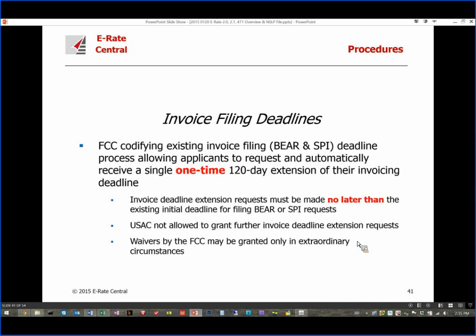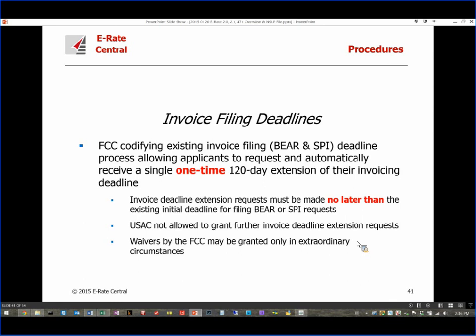One thing that you should be aware of, which for most people has already played out, there's been a change made to the way invoice filing deadlines are done. Basically, the cliff notes are that you need to apply for an extension prior to the original deadline date occurring.